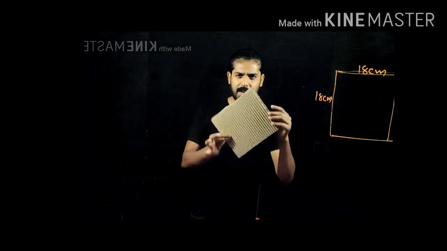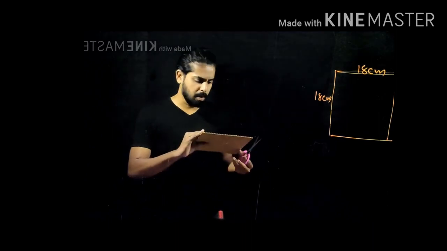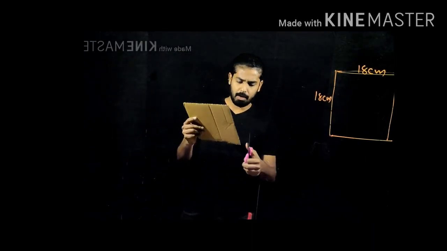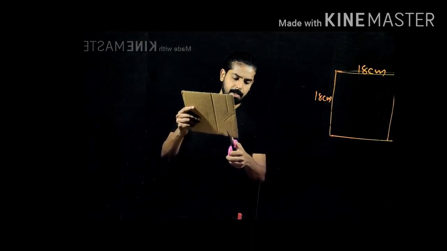So this is our cardboard sheet. So how I'm going to make the cardboard box is I'll cut off squares from each corner like this.